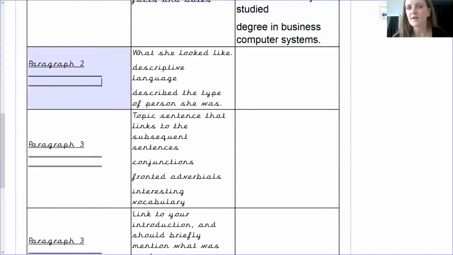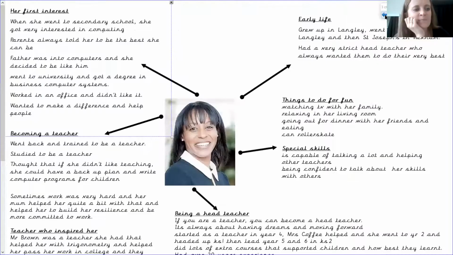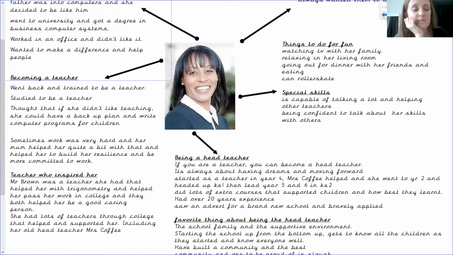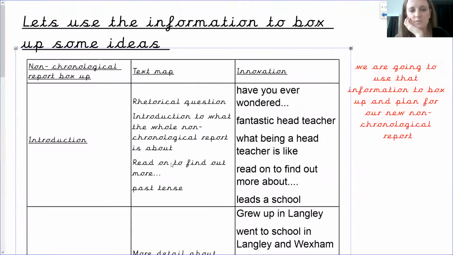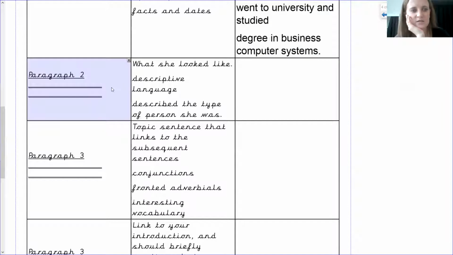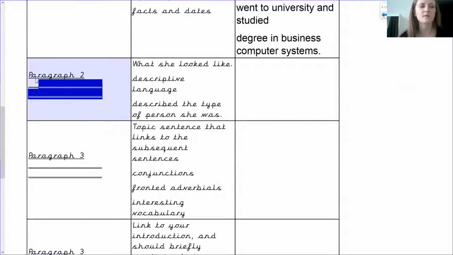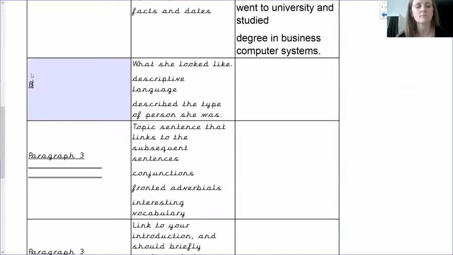If we go back and have a look at this, we could have a heading of becoming a teacher. So I'm going to say that this heading is called Becoming a Teacher. Remember, you can use your subheadings that you've thought of.